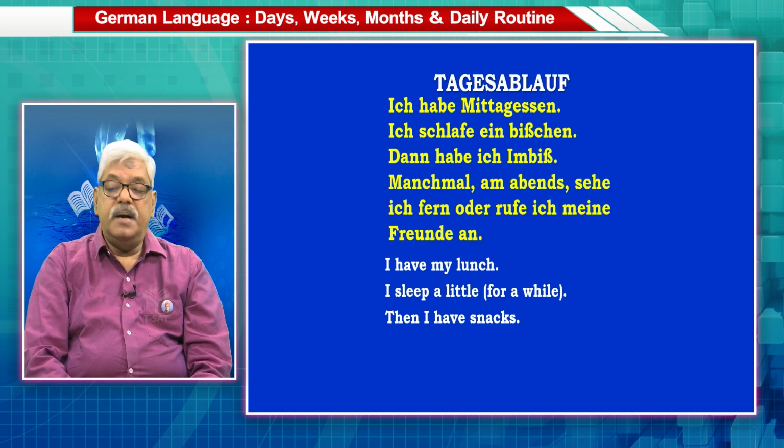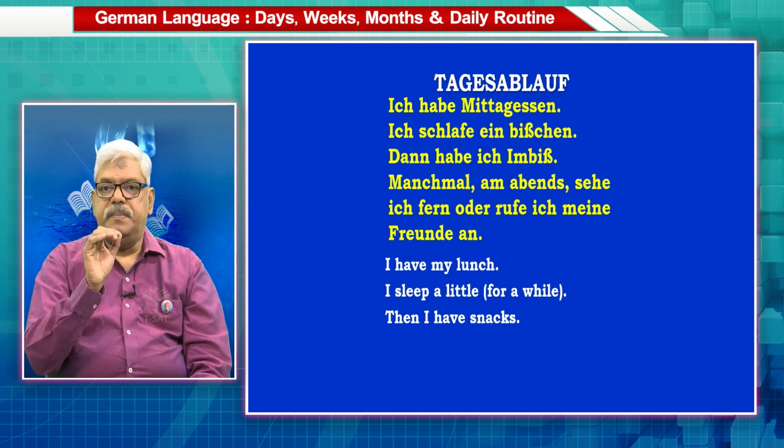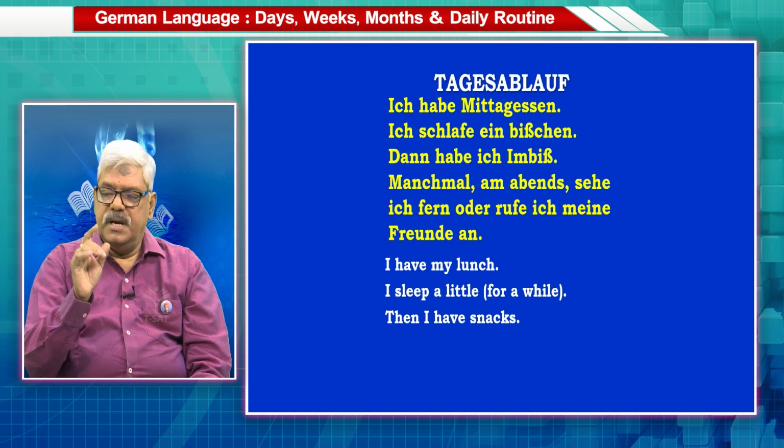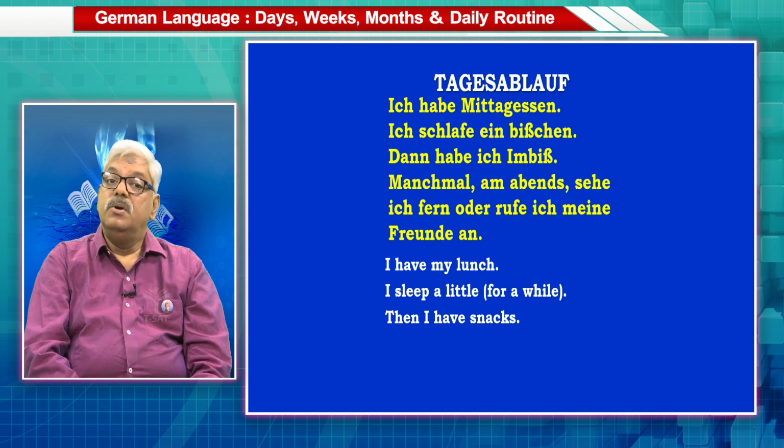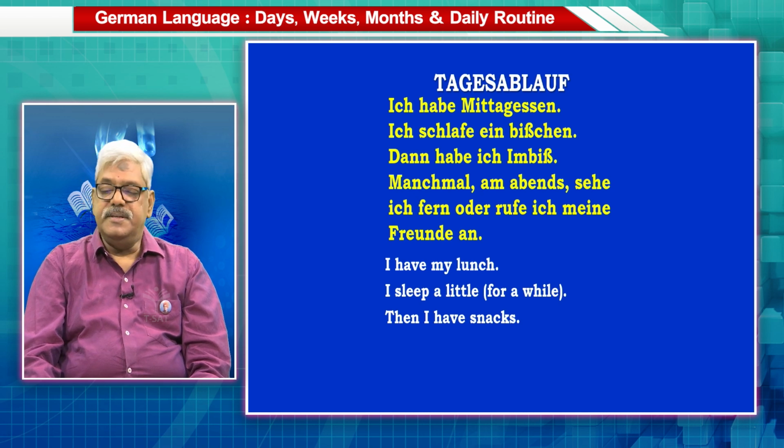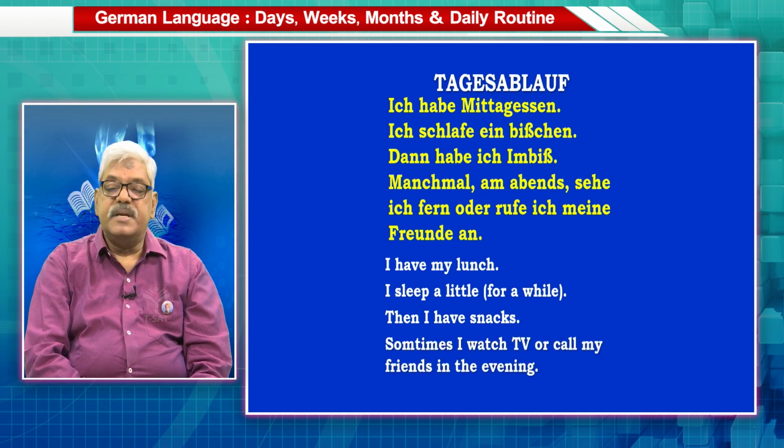Manchmal, am Abend, sehe ich fern oder rufe ich meine Freunde an. Manchmal, sometimes. Am Abend, in the evenings, sehe ich fern, I watch TV. Rufe ich meine Freunde an is to call my friends. So, sometimes I watch TV or call my friends in the evening.